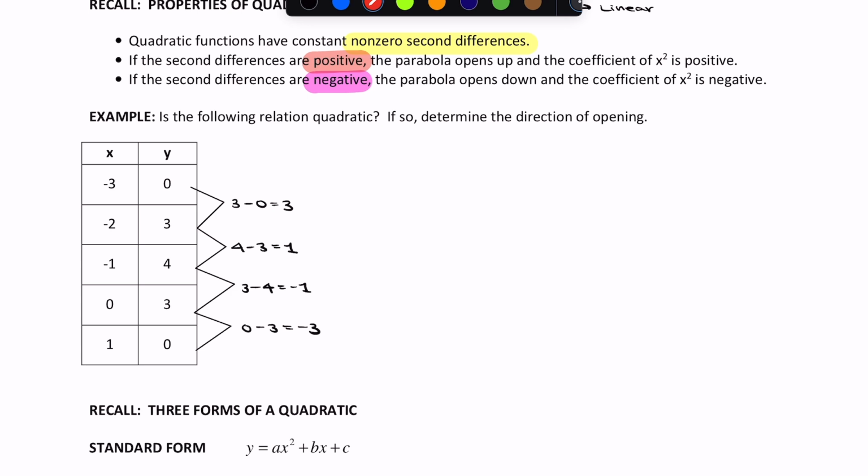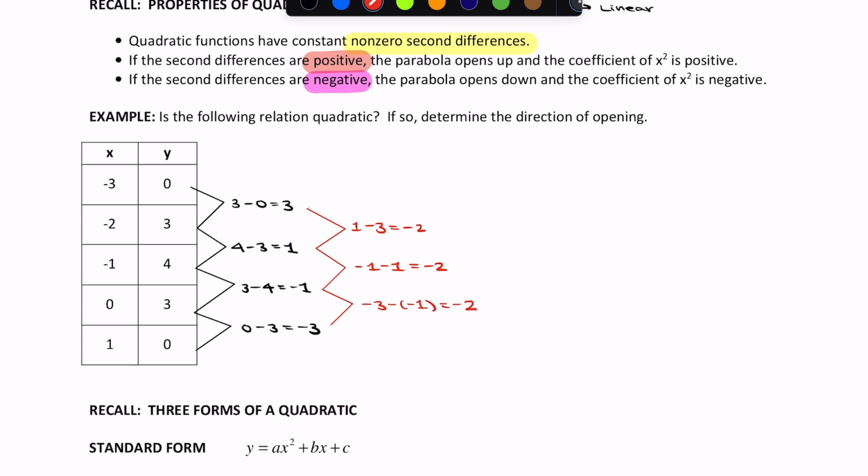So the second differences are taking the difference of the first differences. And so here, I'll just draw these. So here we have 1 minus 3, which is equal to negative 2, negative 1 minus 1, which is equal to negative 2, and negative 3 minus negative 1 is equal to negative 2.